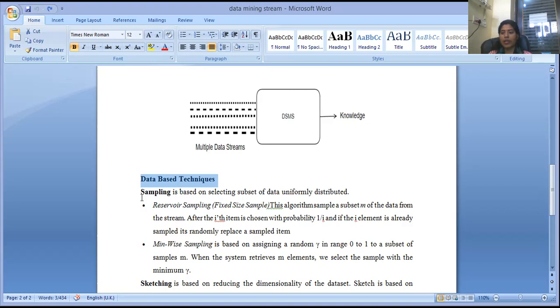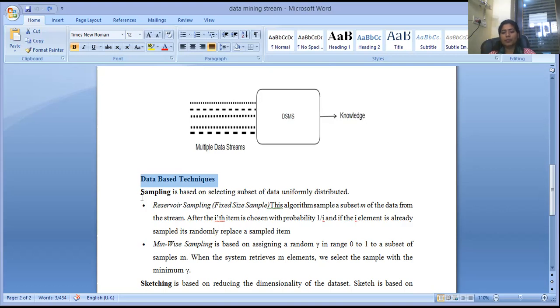There is a stream where m is the subset of the data. After that, the ith item is chosen with probability 1 by i, and if the ith item is already sampled, it is randomly replaced with a sampled item.